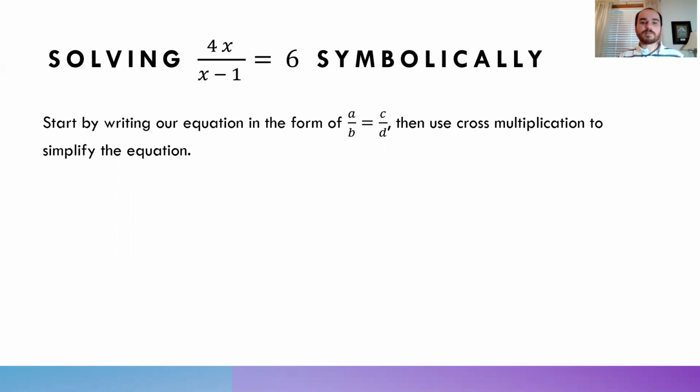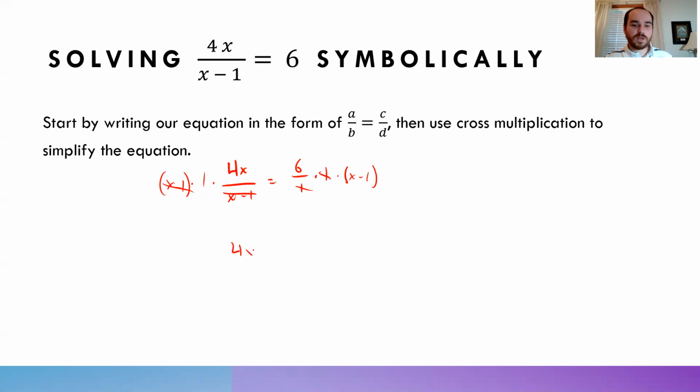So we're going to try to solve the equation we just looked at, 4x over x minus 1 equals 6, symbolically. We want to start by writing it in the form of a over b equals c over d, and then we use cross multiplication. So we start by translating that 6 into a ratio, 6 over 1. Then we cross multiply, times 1 and times x minus 1. The 1's cancel on this side, the x minus 1's cancel on this side.